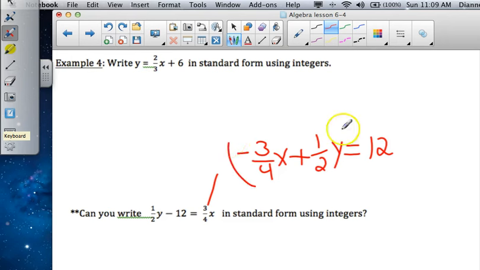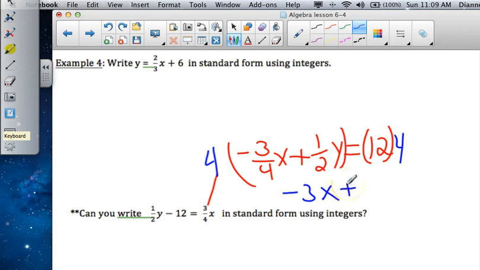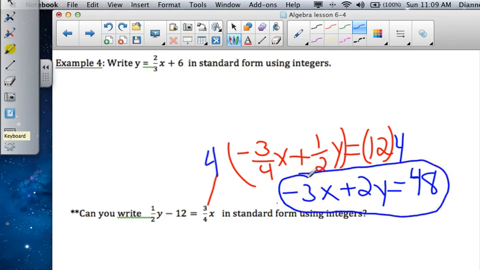Then I'm going to multiply both sides by 4, because that's my least common denominator. So you're going to have -3x plus 2y equals 48. That's correct standard form because my a is -3, my b is 2, and my c is 48, and they are all integers.